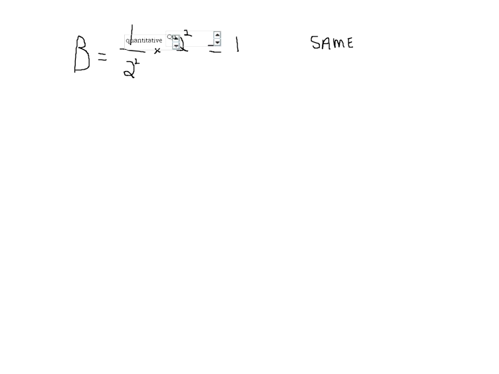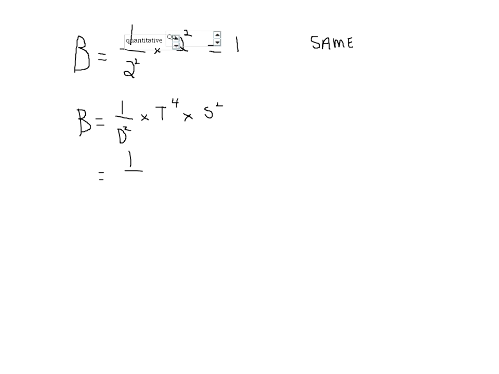Let's do one more here. It says it's twice the distance, twice the temperature, and twice the size. So remember our brightness formula, it's proportional to 1 over the distance squared times the relative temperature to the 4th times the size squared.